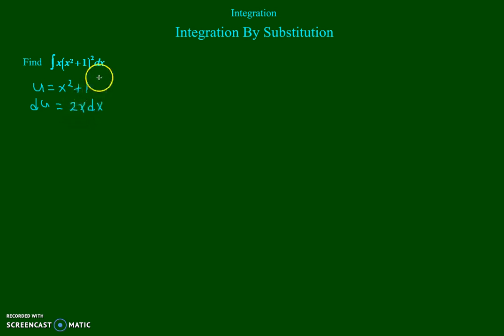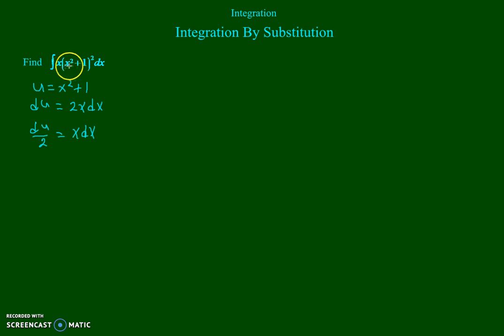Because in this case we have an x dx. This u is fine to match this, but here we have an x dx, and down here we have a 2x dx. What we need is x dx, so we've got to get rid of this 2. So what I'm going to do is divide both sides by 2. So we have du over 2 equals x dx. And now we have a pattern match.